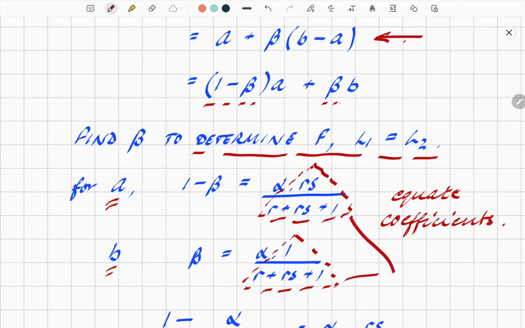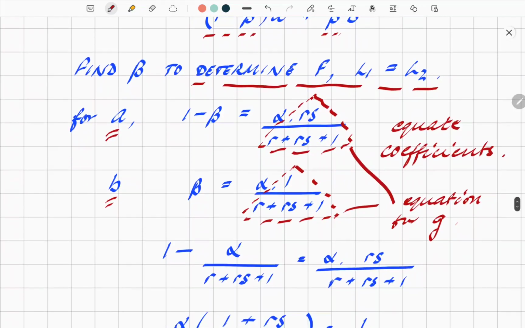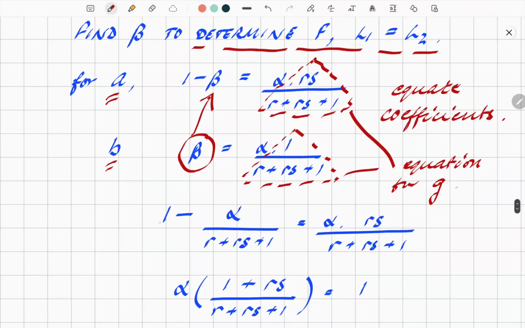So both of these are from, let's say, the equation for G, all right? So eliminating beta between these. So I've got a beta expression there. I'm just going to put it straight into there, all right? And replace that, eliminate beta between the two. So what I end up with is 1 minus alpha over R plus RS plus 1 equals alpha times RS over R plus RS plus 1, as you can see, all right?